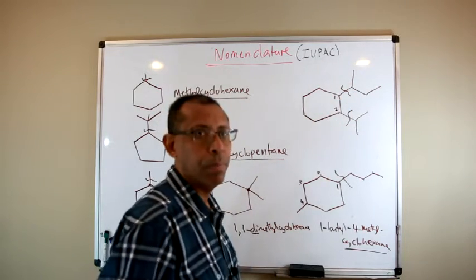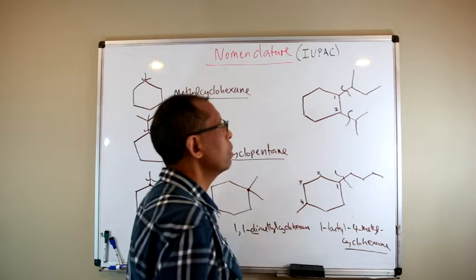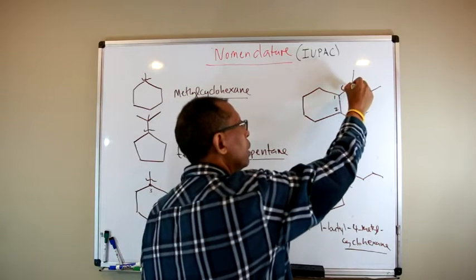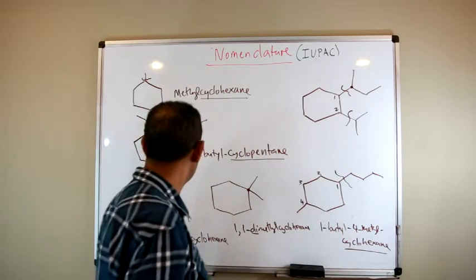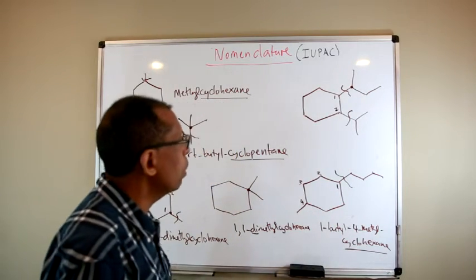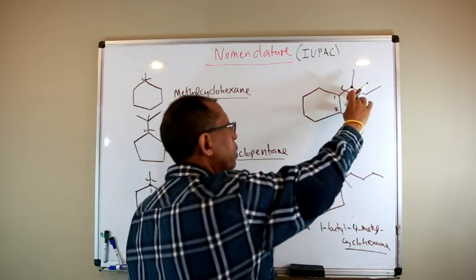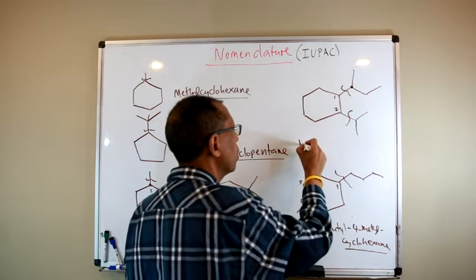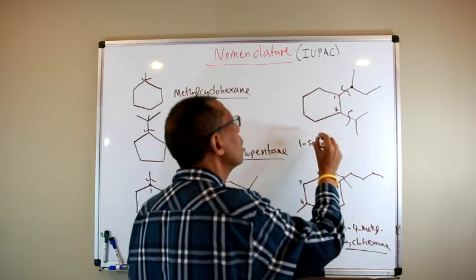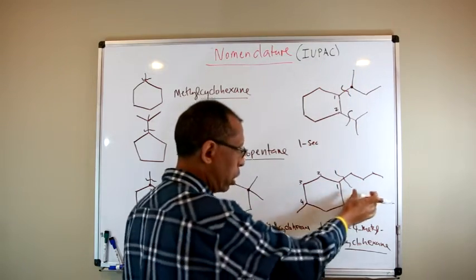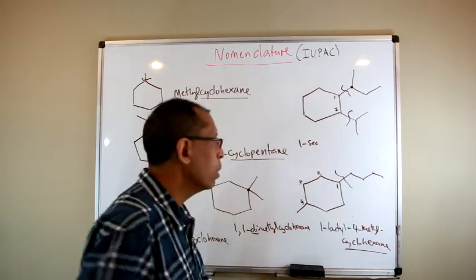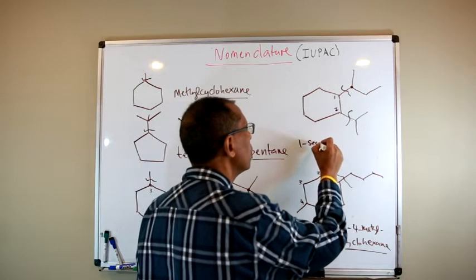It is a secondary butyl. Sec-butyl because this carbon is attached to 2 carbons. We call that sec-butyl. So 1 sec-butyl, sec is to say a secondary butyl, a branched butyl. It's not a straight chain like this one. We call it sec-butyl.